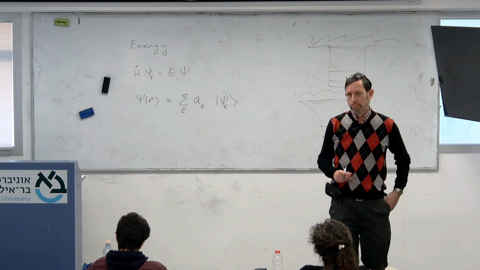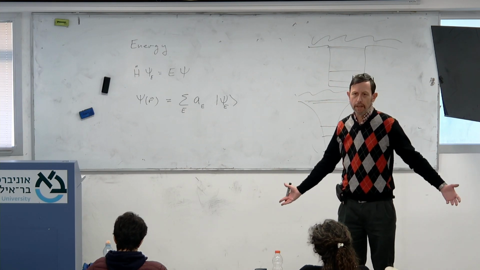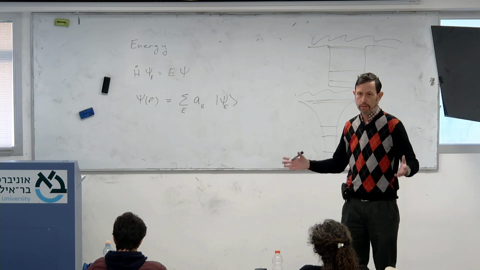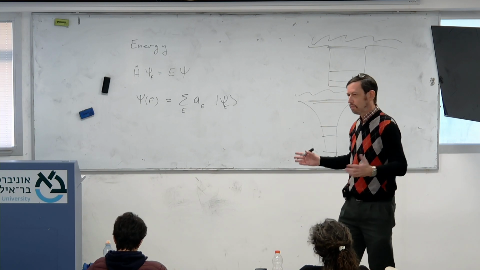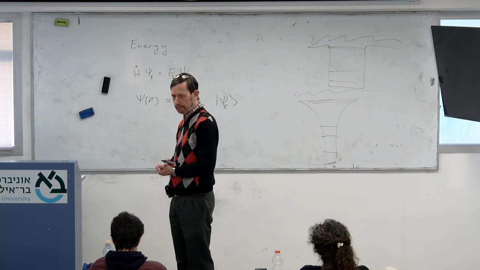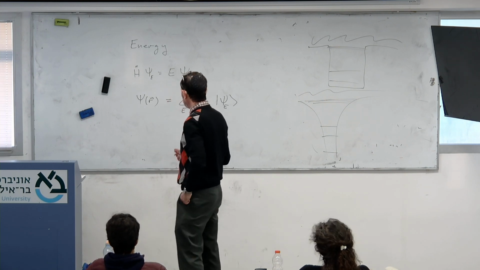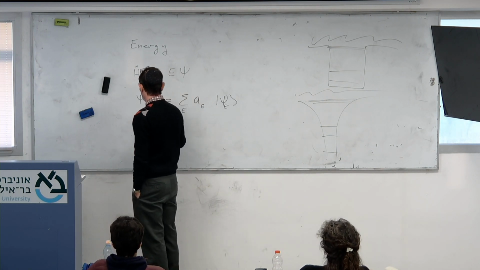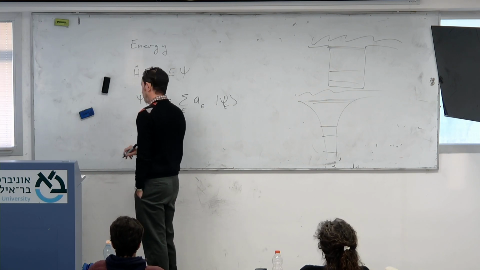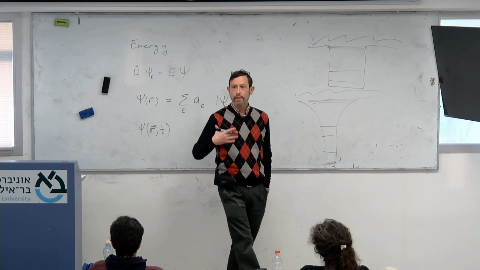That's not different than any other basis that I have. I could write it in k space, I could write it in position space, it doesn't make any difference. Where it does make a huge difference in the calculation is if I want to write the time development.